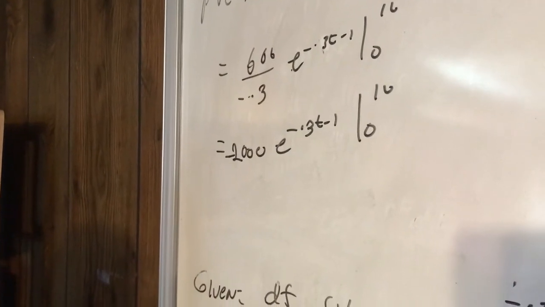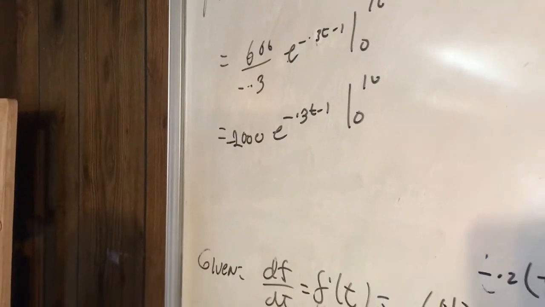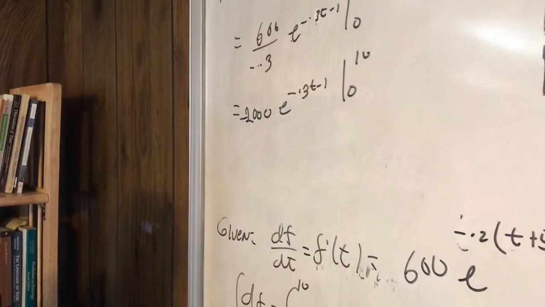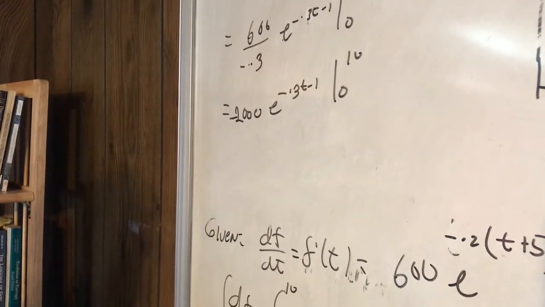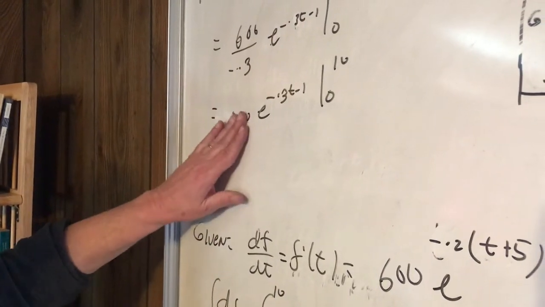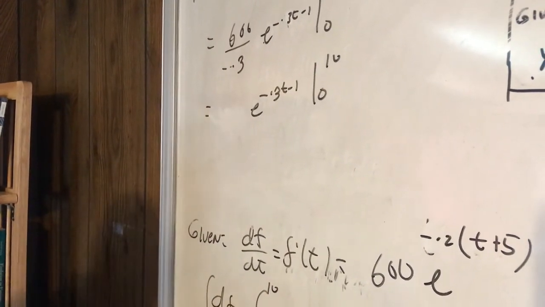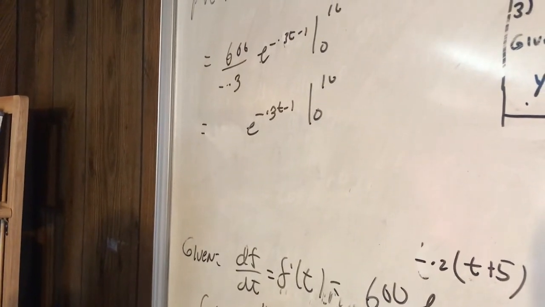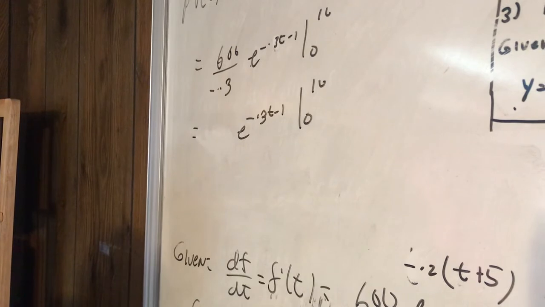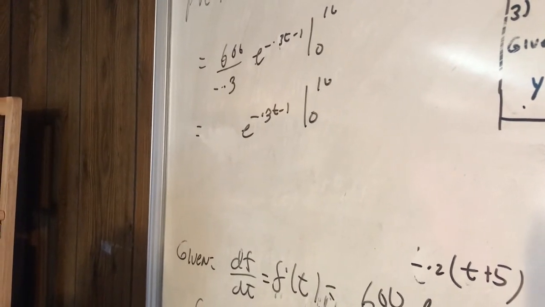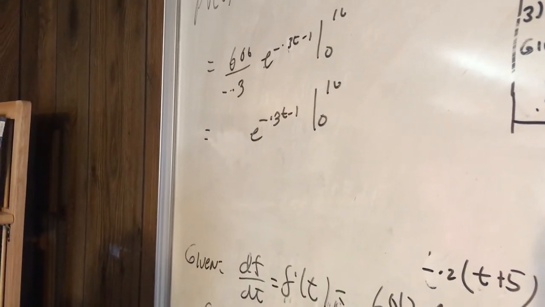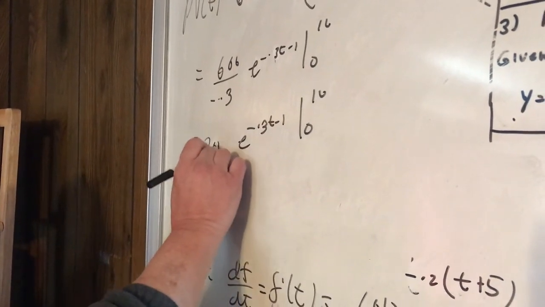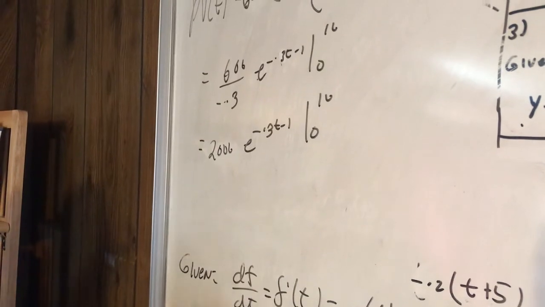Once you have that, let me check that 2,000. What is 600 divided by 0.3? It is 2,000. I was right in the first place, and it's a minus.